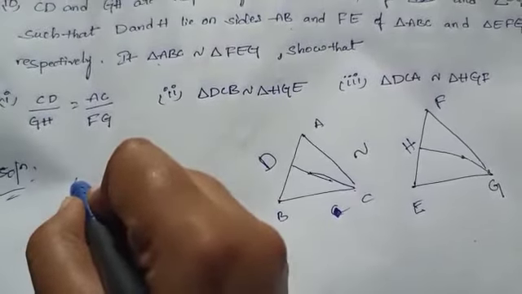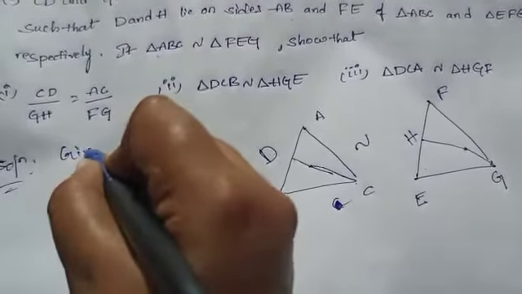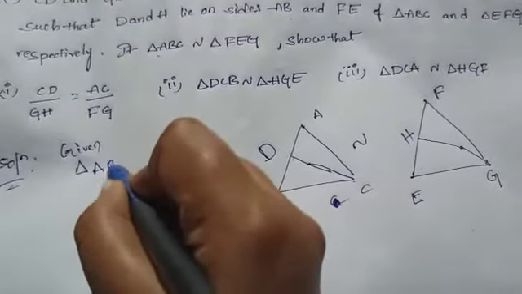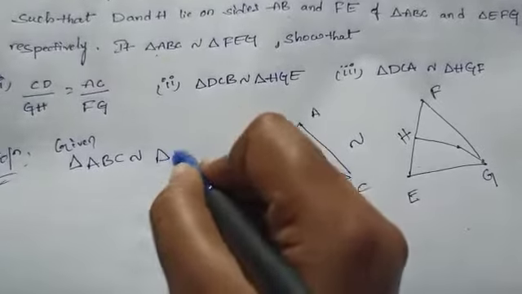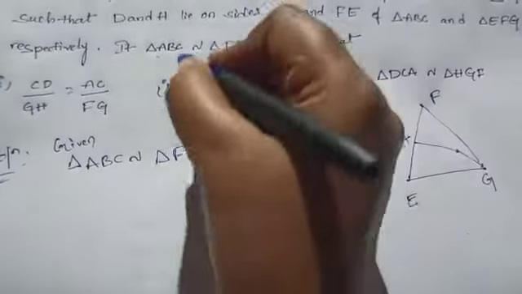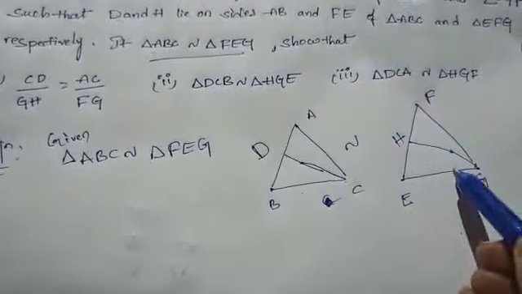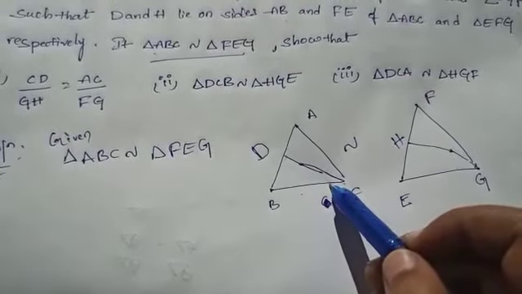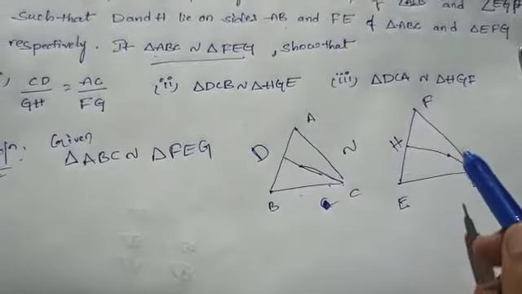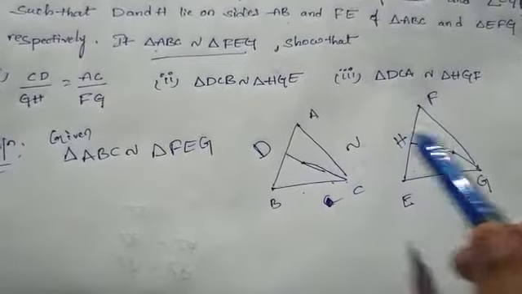Given condition, triangle ABC is similar to triangle FEG. If two triangles are similar, then the corresponding angles are equal and corresponding sides are in the same ratio.